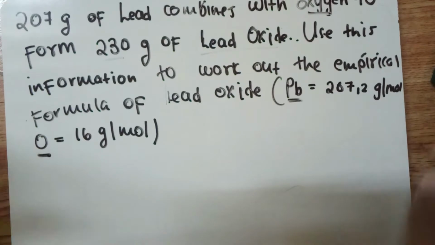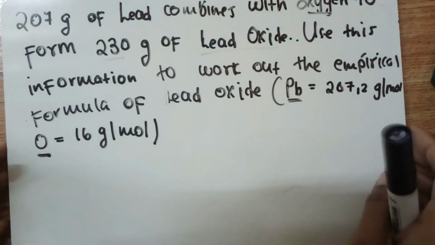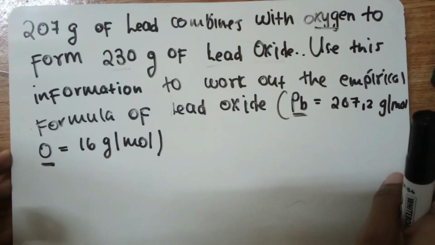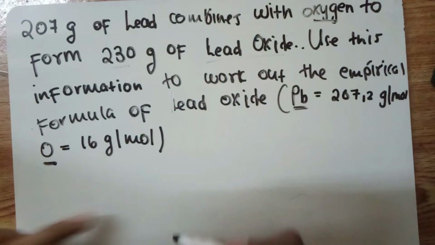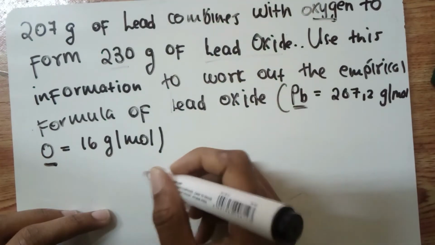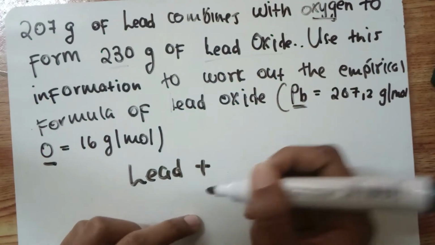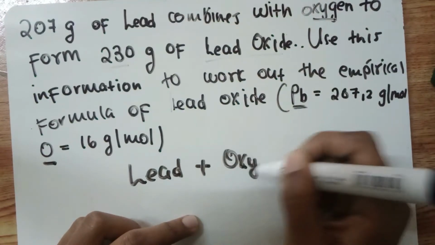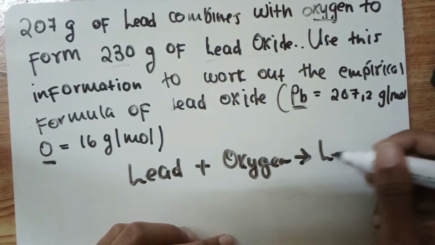Cool. So how do we start off? How do we go about doing this calculation? One thing that we are sure of is that in this reaction we have lead that is reacting with oxygen, right? And then as a result, it gives us lead oxide.